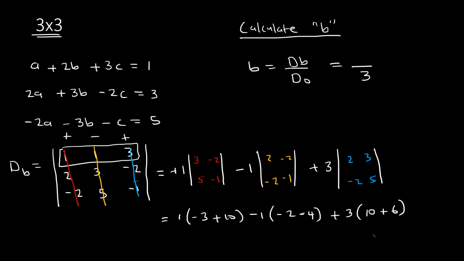You have -3 plus 10 minus -2 minus 4 plus 3 times 16. Then I'm getting 61. I just hope it's correct because I'm typing this really quickly. Okay, -3 plus 10, let me confirm, -2 minus 4 plus, yeah, looks correct.